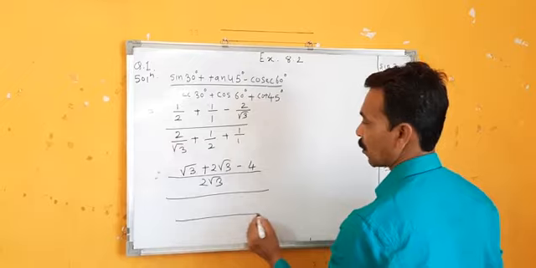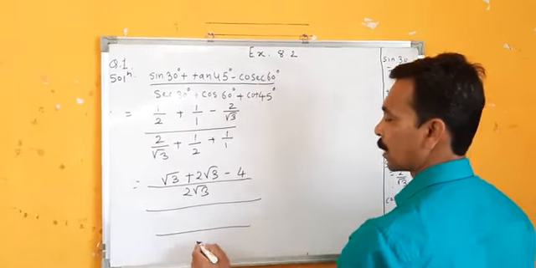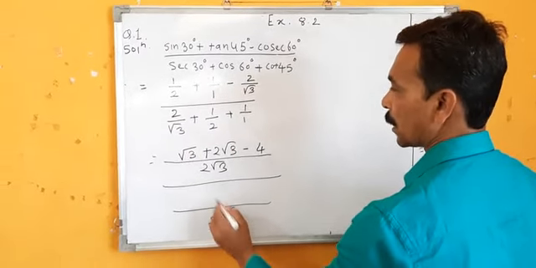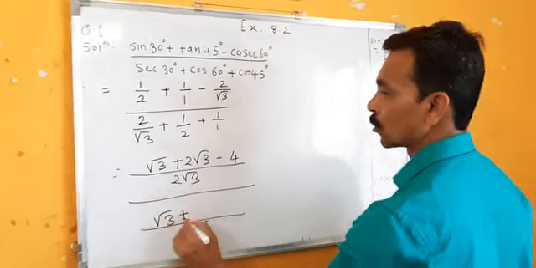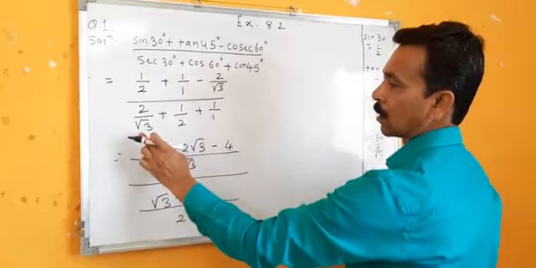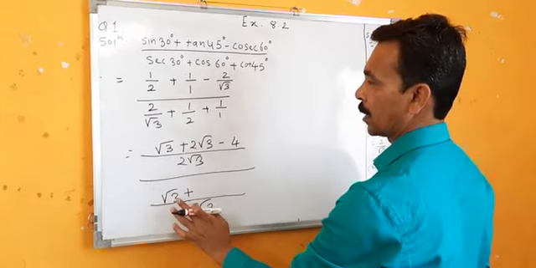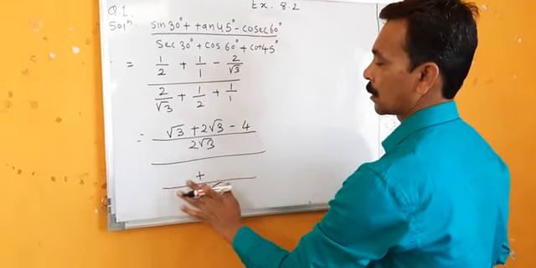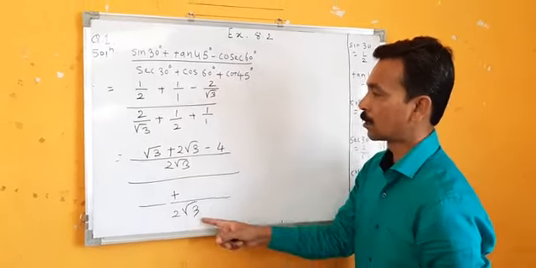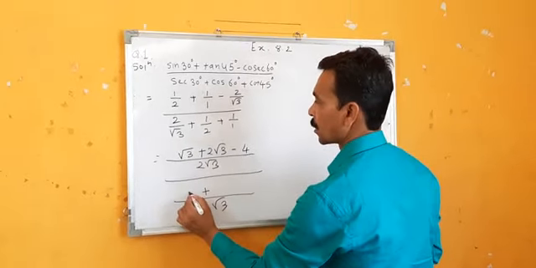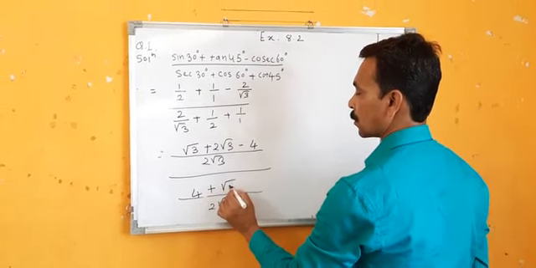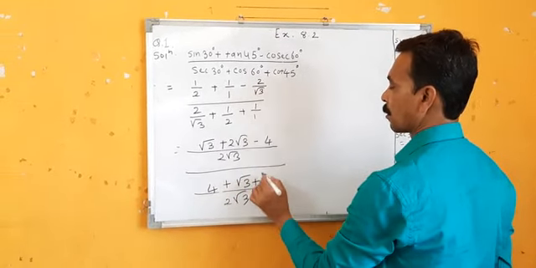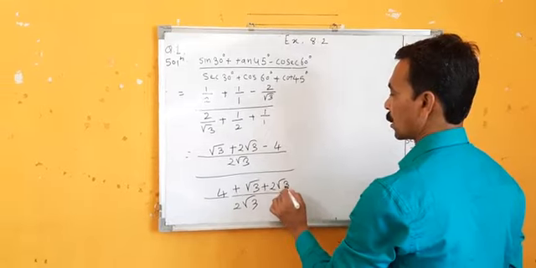The LCM of root 3 into 2 into 1 is 2 root 3. What will come here? This is 2 root 3. Here it will be 4. Here it will be root 3 and here it will be 2 root 3.